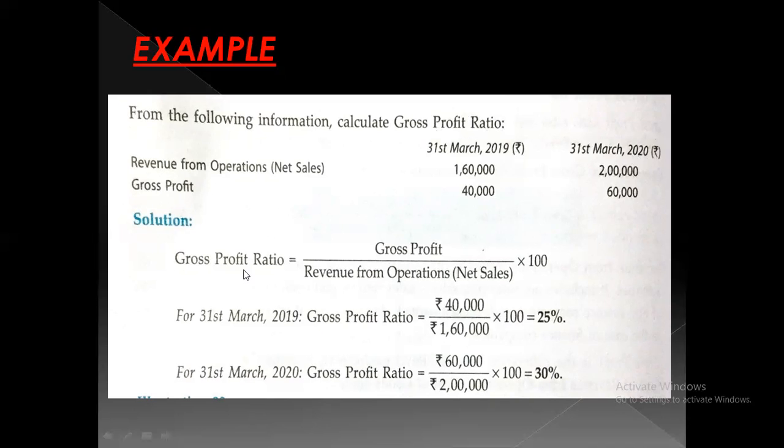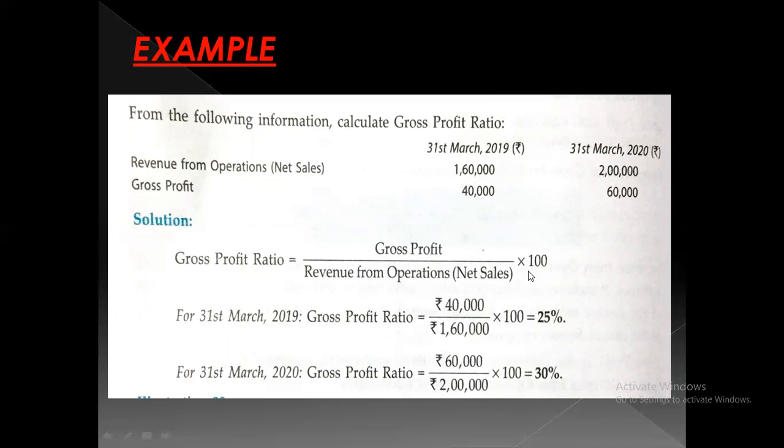First we'll write the formula. Gross profit ratio equals gross profit upon revenue from operation into 100. So for the year 2019, gross profit is 40,000, revenue from operation is 1,60,000, into 100 will become 25%. And for the year 2020, gross profit is 60,000, revenue from operation is 2 lakh, into 100 will be 30%.